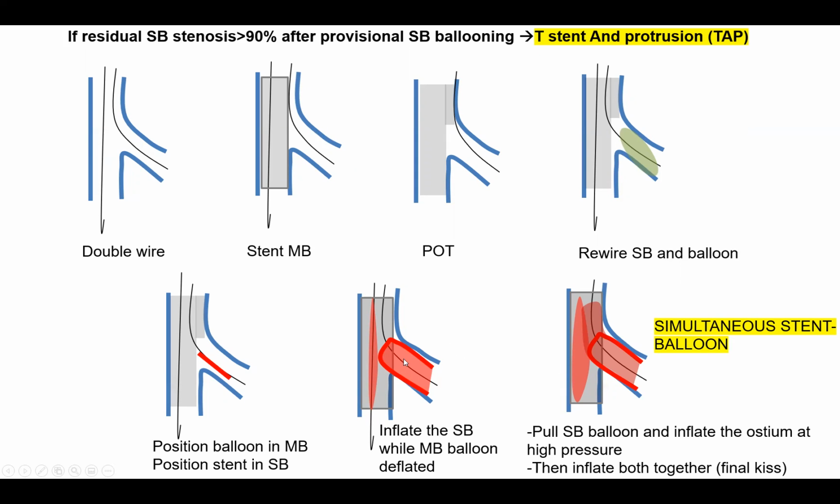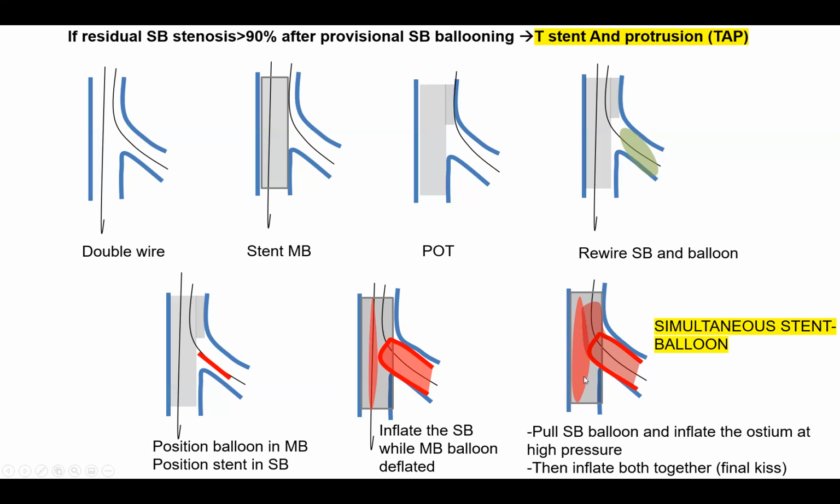The idea here is that you never let that stent touch the other wall. You position it to cover the ostium, including, like I said, the upper arm of the ostium, which is more difficult to cover. You position it in a way to just cover that, but not to touch the opposite wall, okay? You initially deploy it, pull back, dilate at high pressure, and the balloon is preventing it from touching the balloon in the main branch. Then you deploy both in a kissing fashion, preventing it from touching.